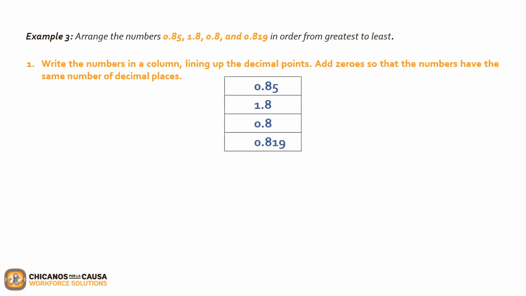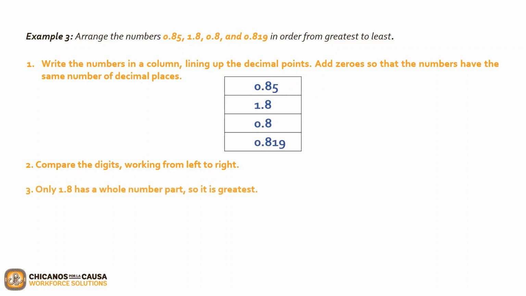So as you can see here, we have already done that for you. Now, as a next step, we are going to compare the digits working from left to right. Given that only 1.8 has a whole number part, we automatically know that it's the greatest.